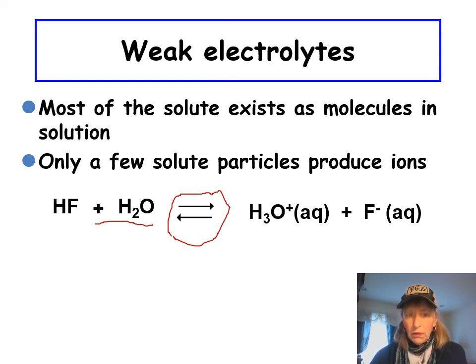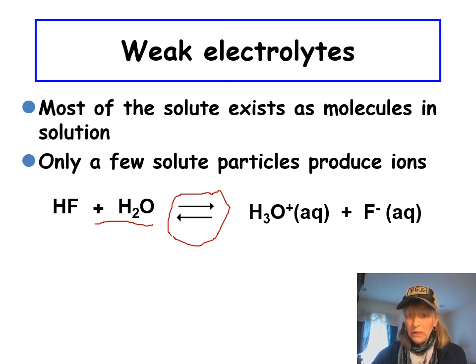The arrow going in the opposite direction says, yeah, but most of it goes back and gives us what we originally had. So the form of the equation for the dissolution is telling you that that is a weak electrolyte. That double-headed arrow and the position of the water tell us a lot.